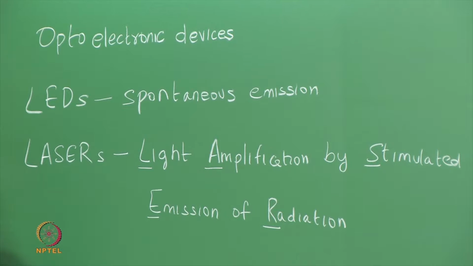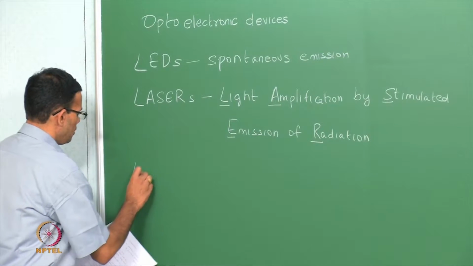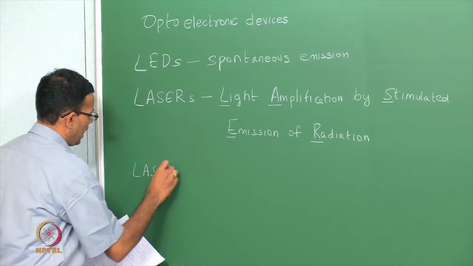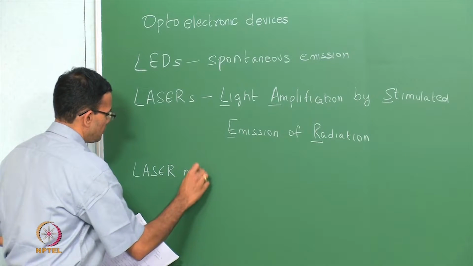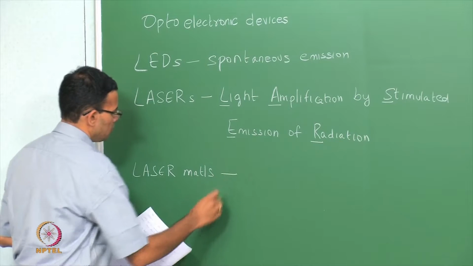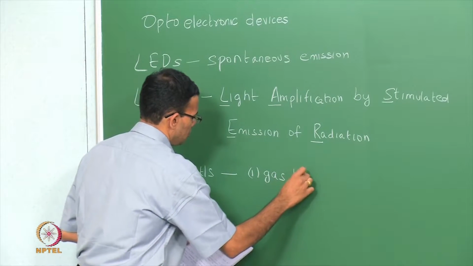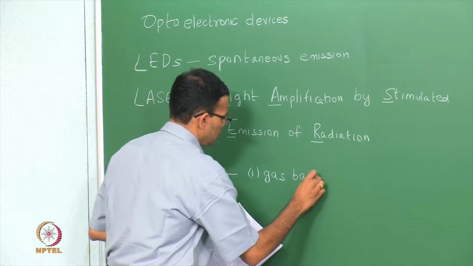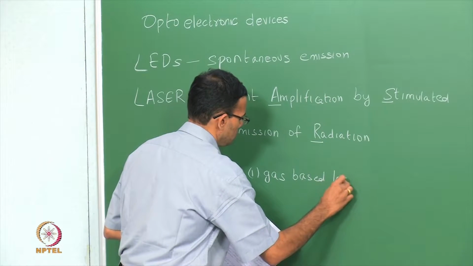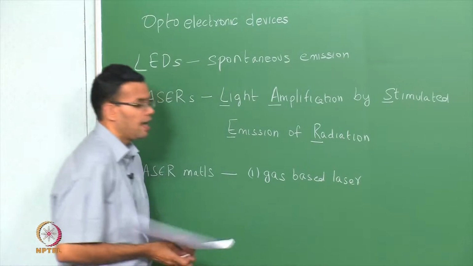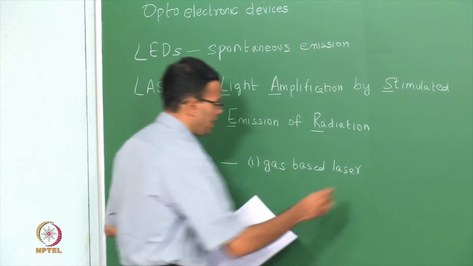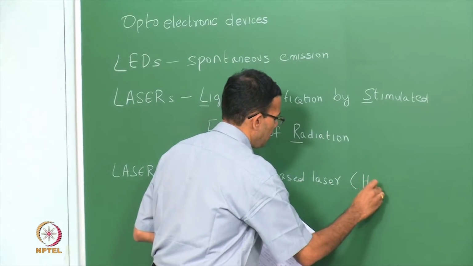Now, there are a large number of laser materials that are possible. For example, you can have a gas based laser. A typical example would be a helium neon laser.